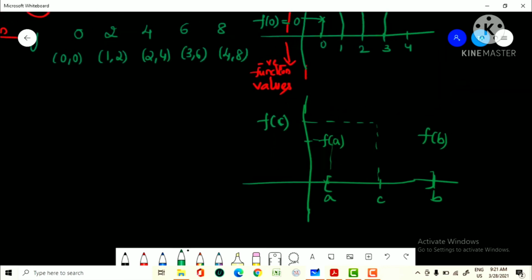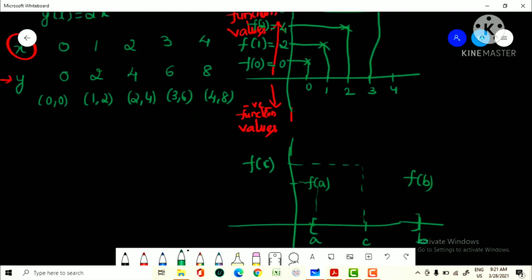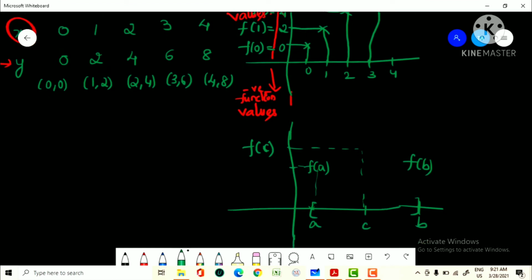Compare these two now. If you have any doubts, compare this. In the first graph I said at 1 I'll get f of 1 value, at 2 I'll get f of 2 value, at 0 I'll get f of 0 value.